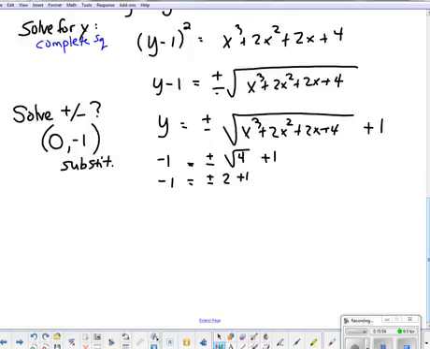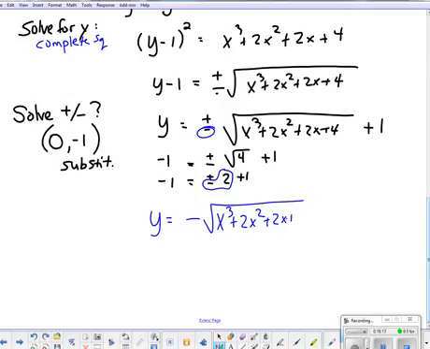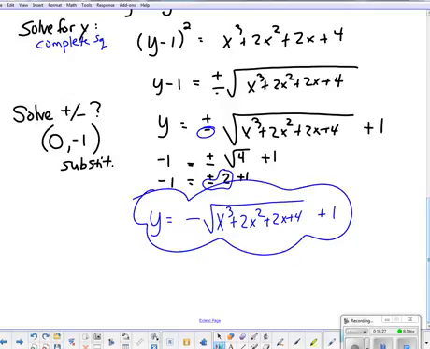Well, now just thinking with arithmetic, we definitely need the 2 to be negative. And so I have just concluded that, as a final result, y equals negative the square root of x^3 + 2x^2 + 2x + 4, plus 1 outside the square root. And that is our solution to the differential equation. Love it?